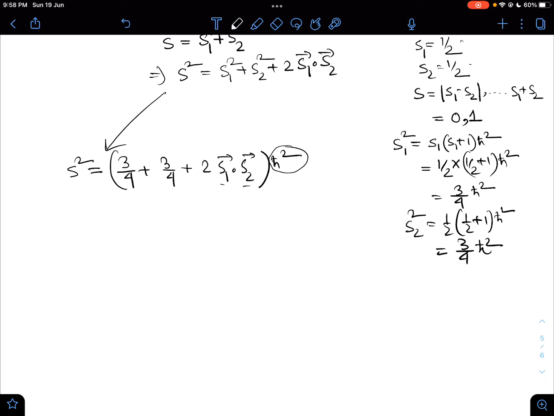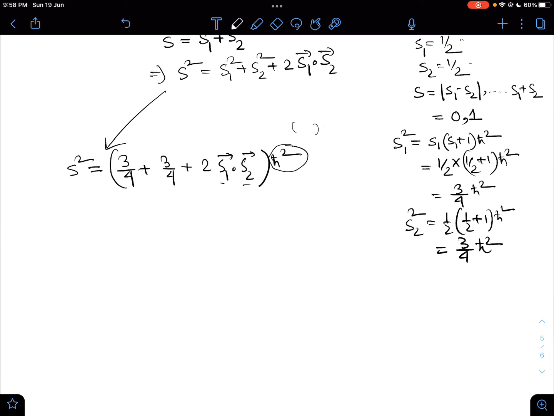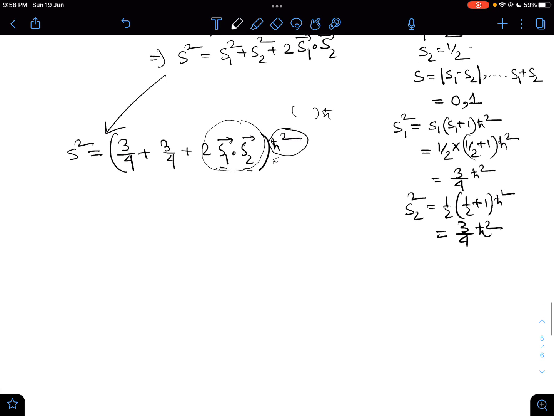Because h cut has the same dimension as S. Whenever we operate this on any state, we will simply get a number multiplied with h cut. So we are taking this common h cut from both S1 and S2, and that is why in that term also we will have an h cut square.